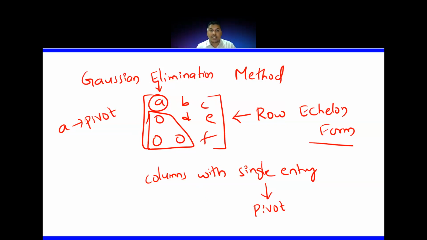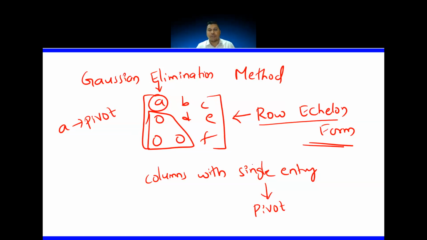Okay, so this notation, when you are solving a given system of linear equations, you are converting into a matrix. You are trying to solve that matrix using the Gaussian elimination method. You get a final matrix. That form is called row echelon form. So your target is to convert a given system of linear equations to row echelon form so that you get the solution.